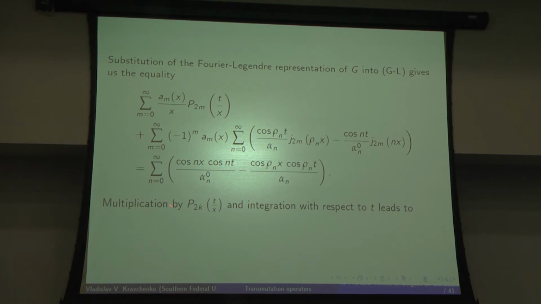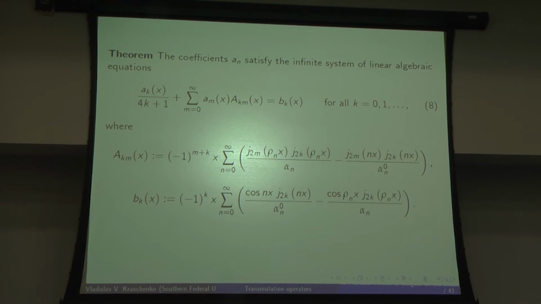Now I multiply this equation by the Legendre polynomial, just to make use of the orthogonality of them. What we obtain is a linear algebraic system of equations for the coefficients A_m, with these entries of the matrix of the system and with this right-hand side of the system.